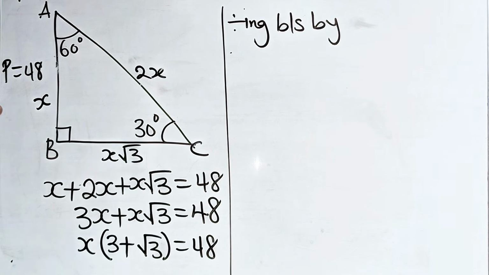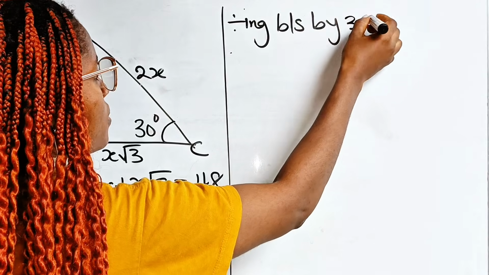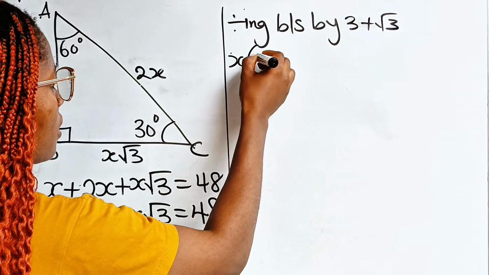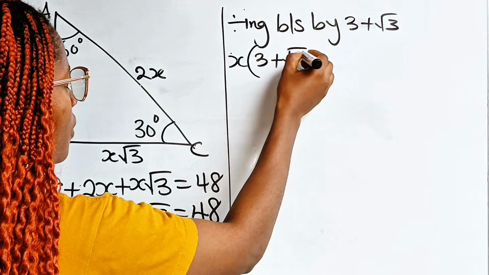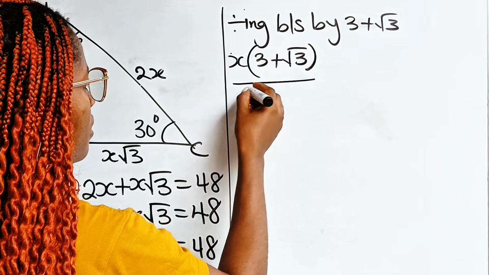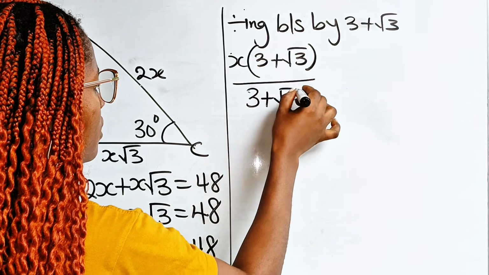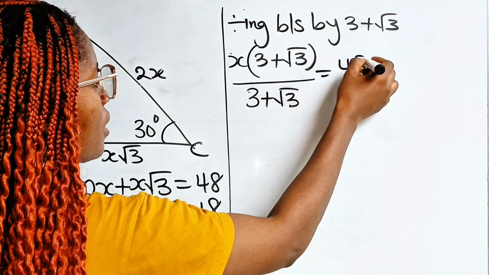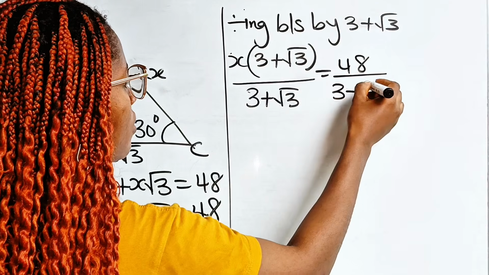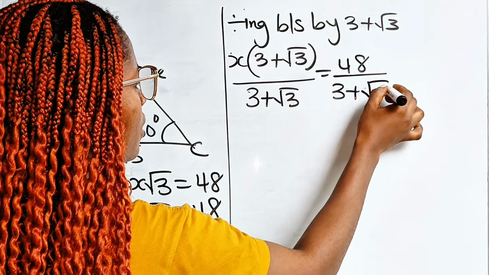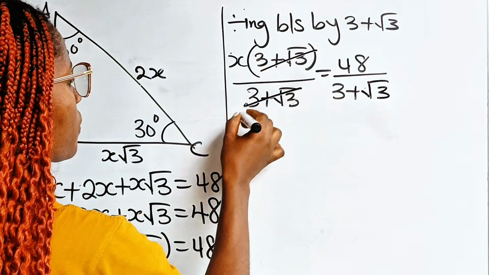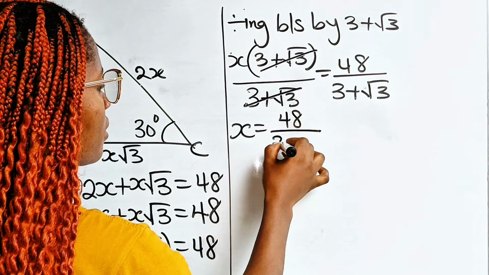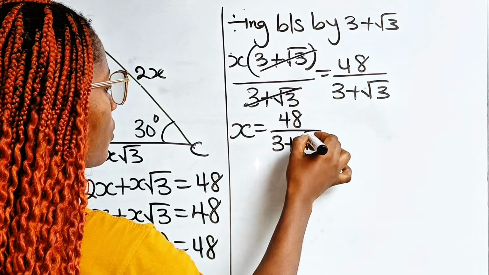So we are going to have x bracket 3 plus root 3 divided by 3 plus root 3 is equal to 48 divided by 3 plus root 3. Now this will cancel out, and we have x is equal to 48 divided by 3 plus root 3.